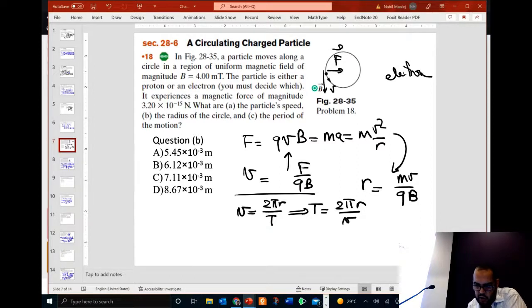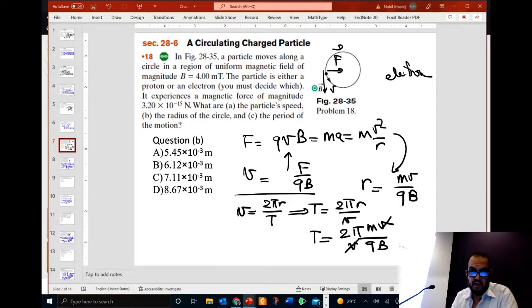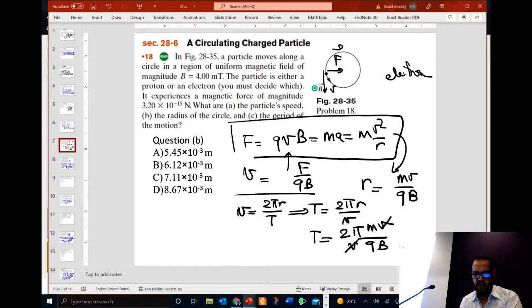Also, if we replace R with mv over qB, the v's cancel, so T is 2πm, the mass of the electron, divided by qB. All of these equations come from this basic equation.